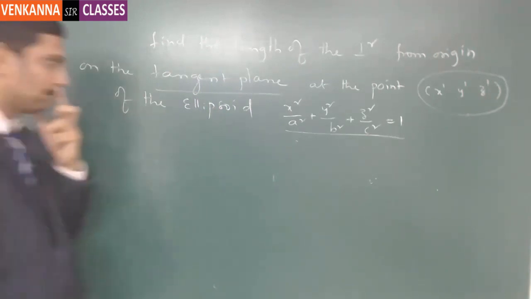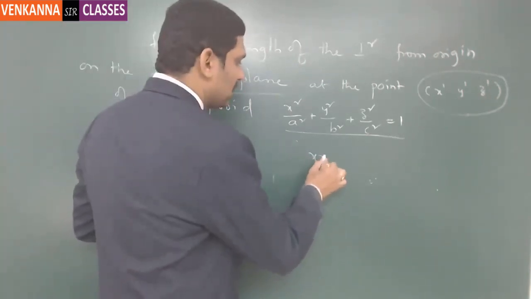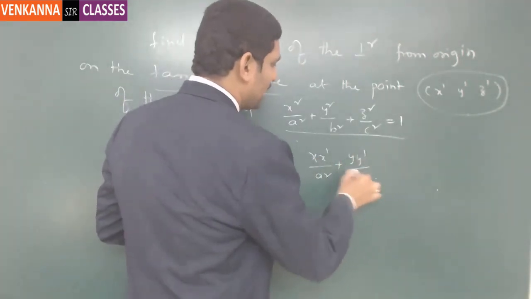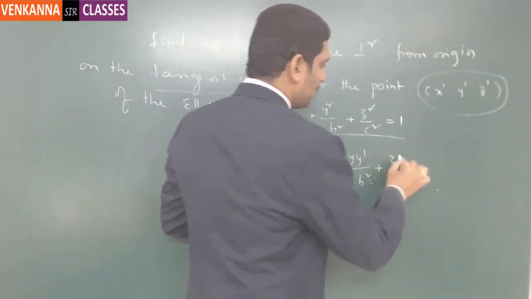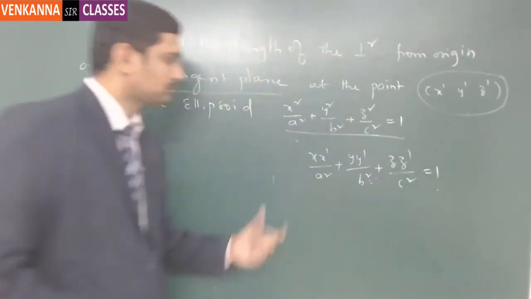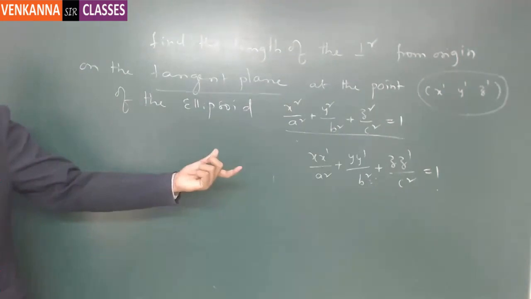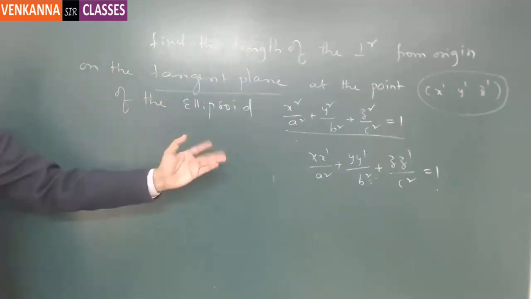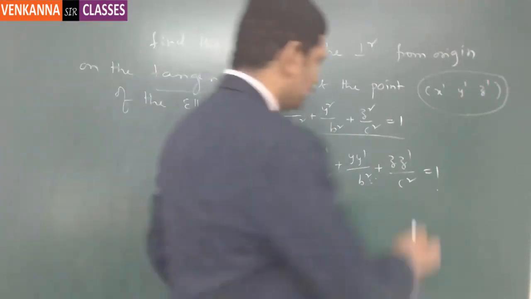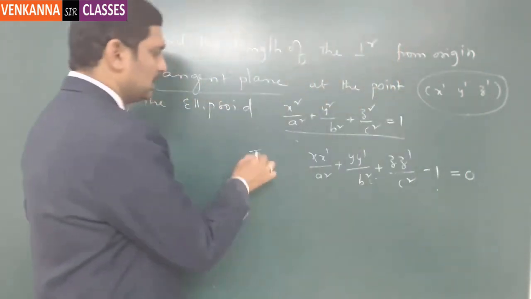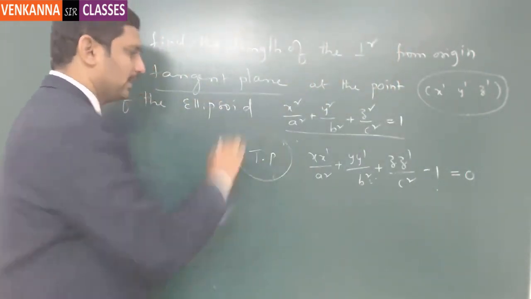It is x dash by a square plus y dash by b square plus z dash by c square equal to 1. This is the tangent plane equation at the given point for the ellipsoid. You can write it by taking 1 to this side, minus 1 equal to 0. This is the equation of the tangent plane.